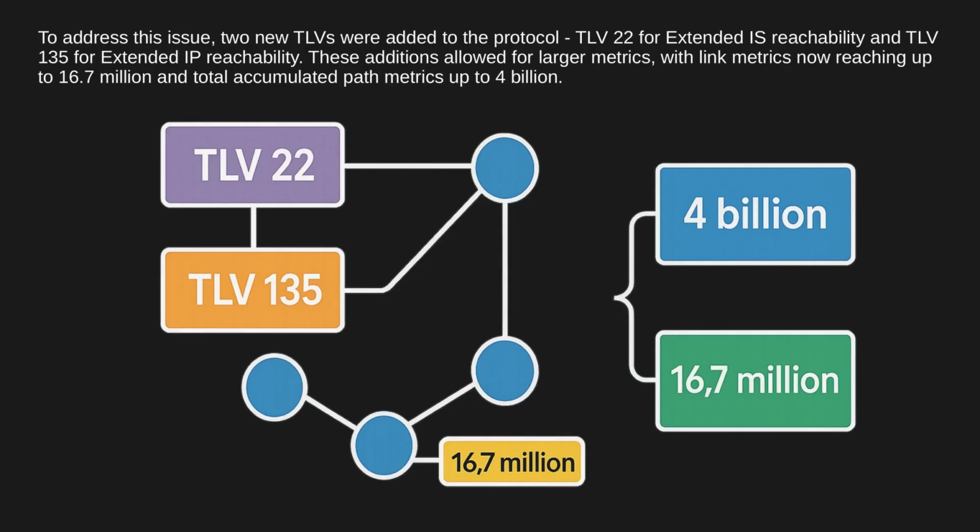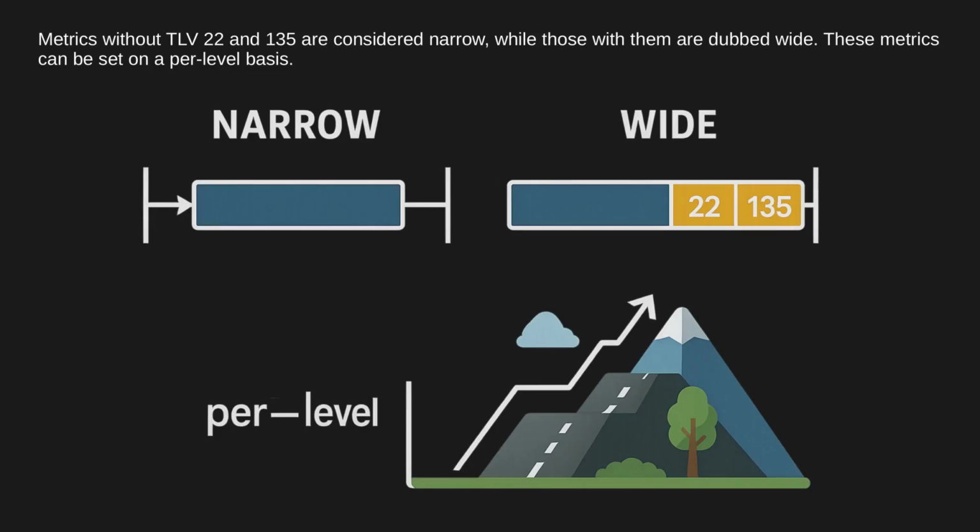These additions allowed for larger metrics, with link metrics now reaching up to 16.7 million and total accumulated path metrics up to 4 billion. Metrics without TLV 22 and 135 are considered narrow, while those with them are dubbed wide. These metrics can be set on a per-level basis.